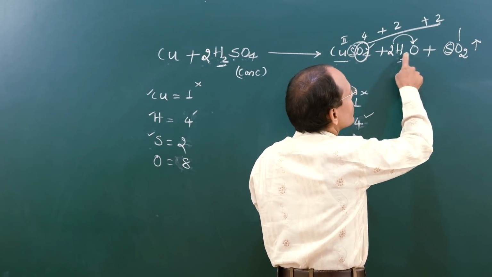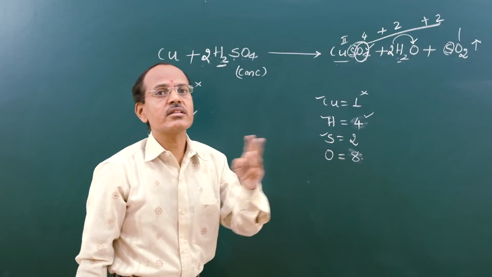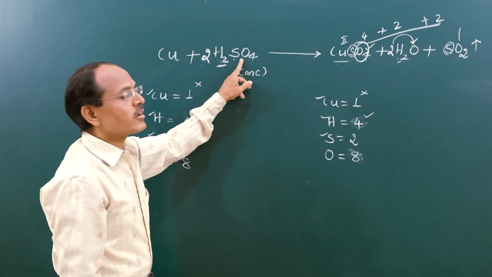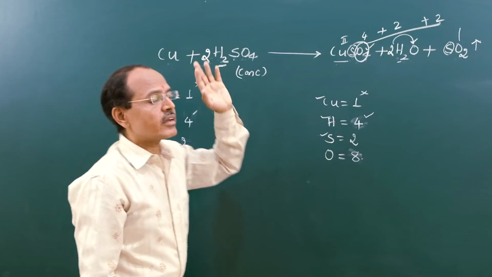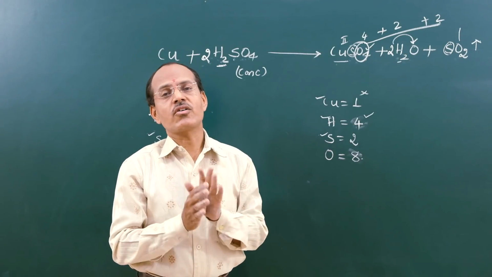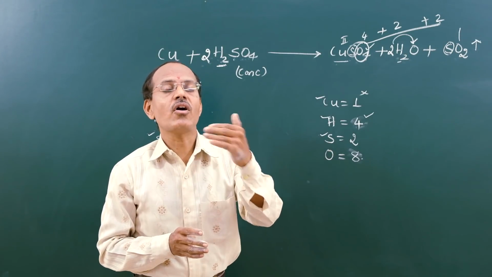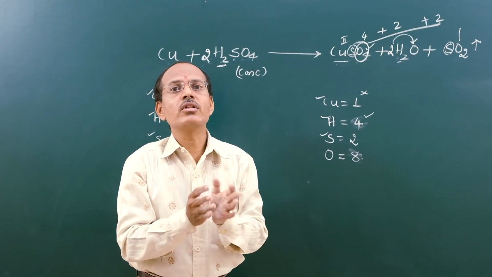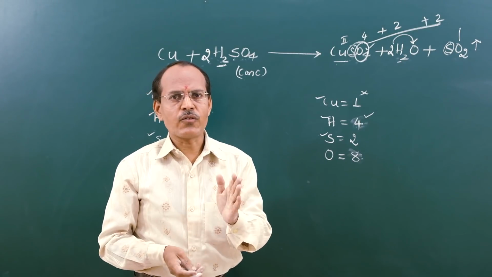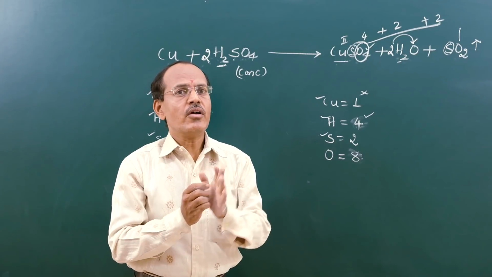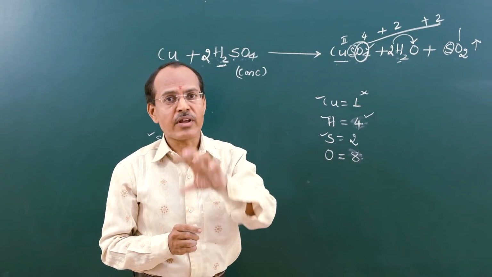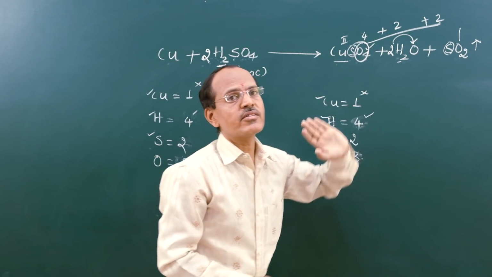For example, here oxygen is present in all three, while the others are present only on one side. So don't balance the oxygen first, because if you go with oxygen, that will disturb the whole reaction. Target those atoms which are generally present in the minimum sites.